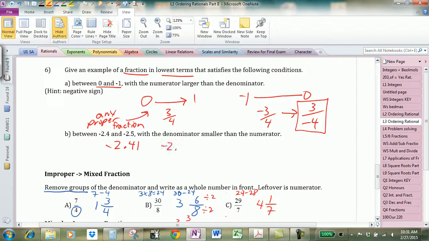Negative 2.42. Negative 2.43. Negative 2.44. Negative 2.45. All of those are in between those two numbers.